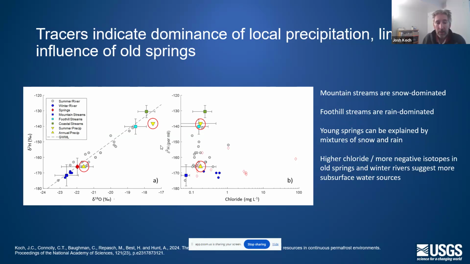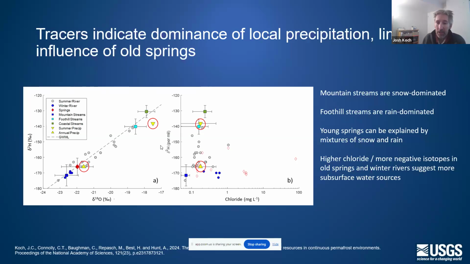So here again, these yellow triangles and red circles are showing the precipitation, both the summer precipitation and the annual mean precipitation. And we see that most of our river water can be explained as falling along this trajectory from summer rain to winter snow.